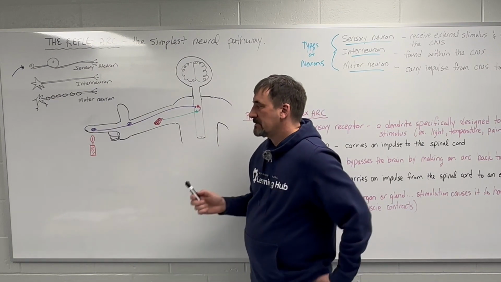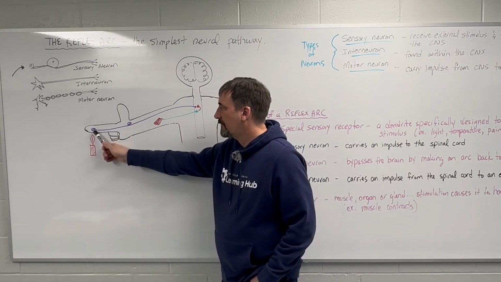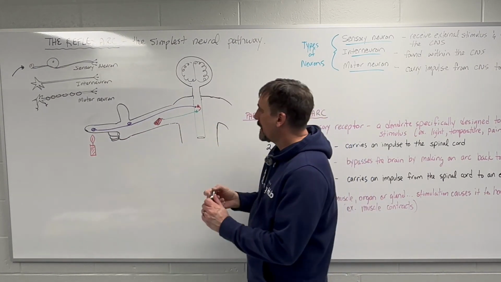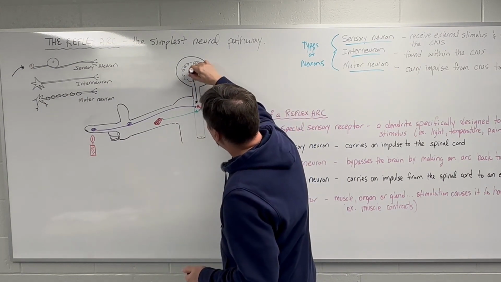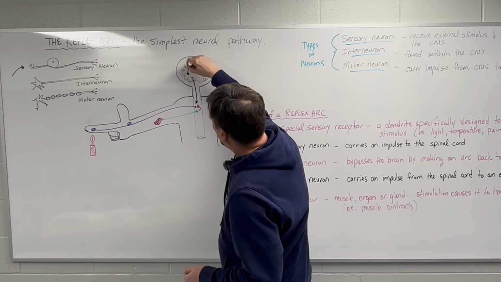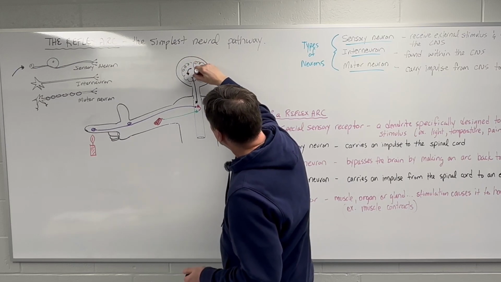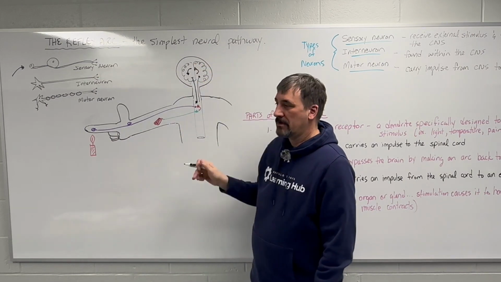Does the message still get to the brain? Yes, it does. It's still gonna get information from your sensory neuron to your spinal cord, and then it's gonna go up to the brain, and then it's gonna go around probably some kind of a brain pathway, and eventually it's going to get back down to here, right? But the trip is longer.